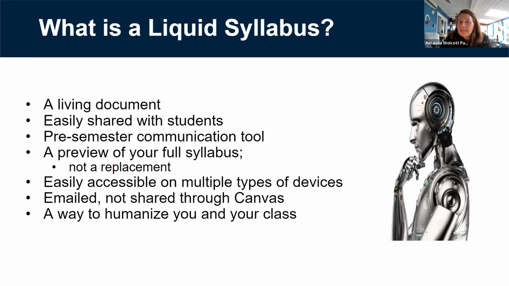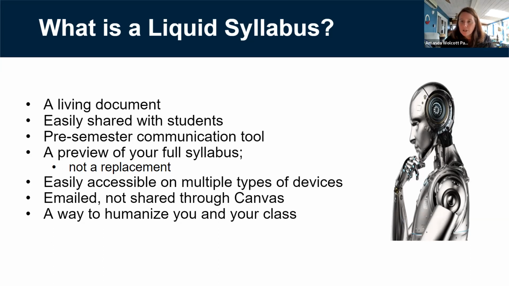A liquid syllabus is a living document, one that you can edit in real time, so that students will have access to the latest and greatest updates that you have done to it. It is something that is easily shared with your students through email. You'll see later on that one of the bullets is that it's not shared through Canvas. A lot of students have barriers accessing Canvas, especially before the semester begins.